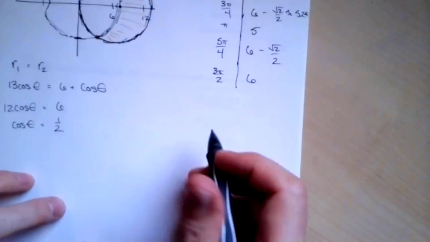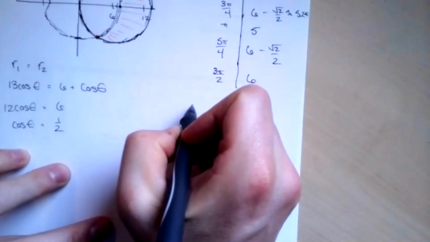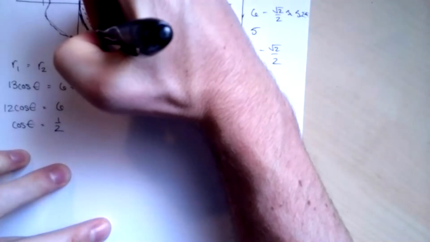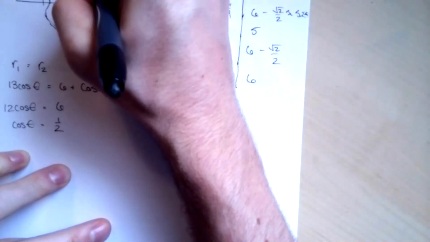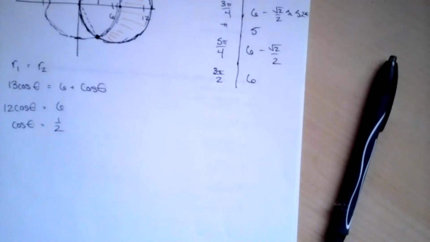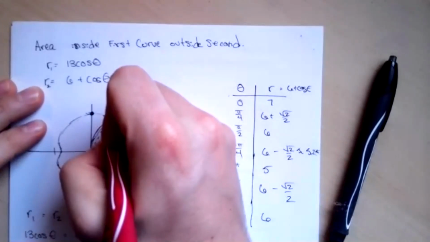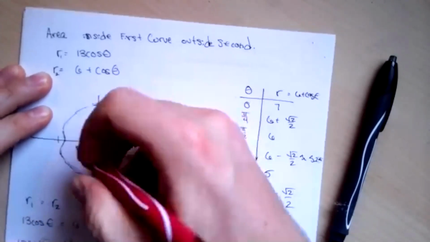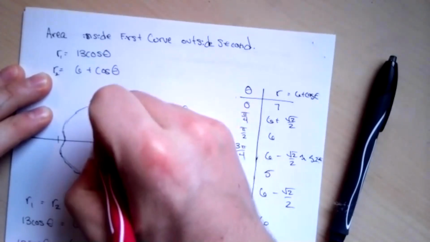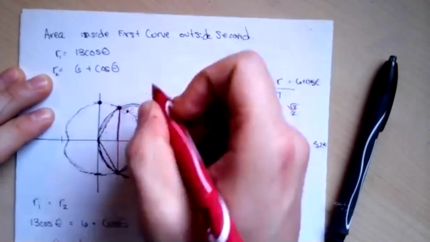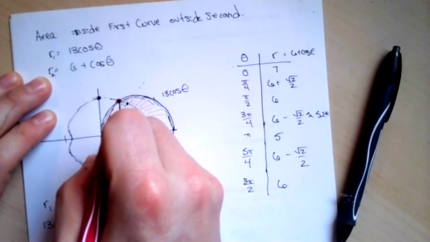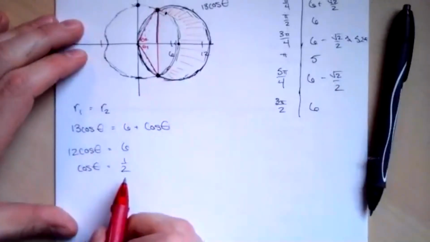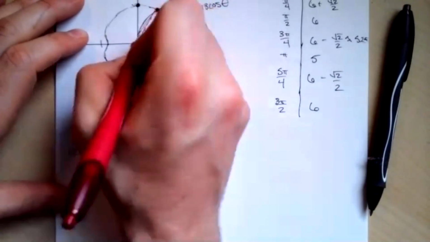Really, all you have to understand is that these intersection points correspond to angles where the cosine ratio is 1/2.